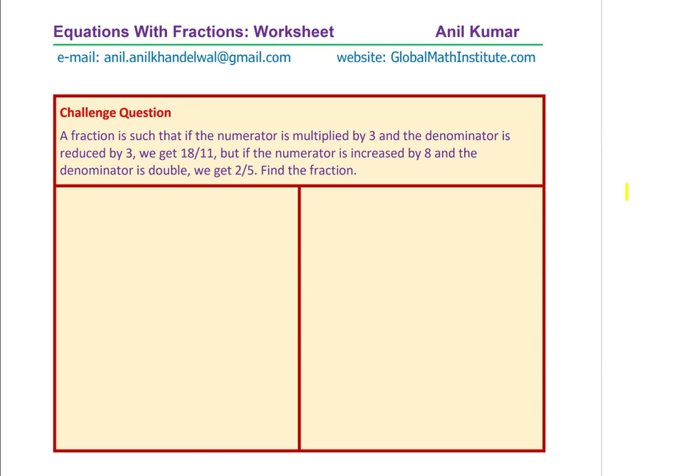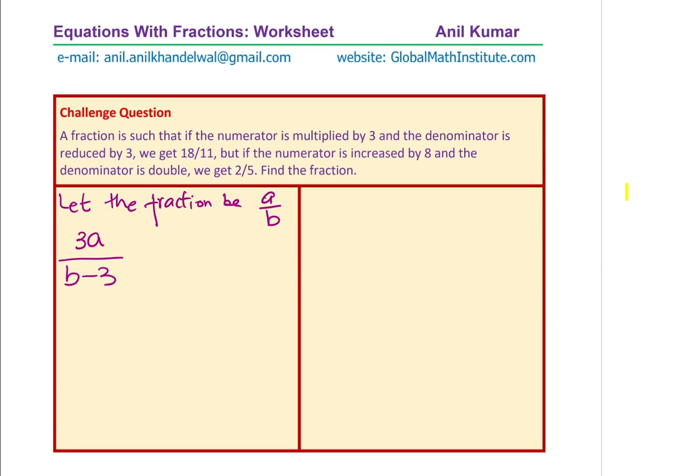So, we'll say let the fraction be a over b, right? Now, if the fraction is such that the numerator is multiplied by 3, so that means numerator is now 3a, and denominator is reduced by 3, means b was a denominator reduced by 3.